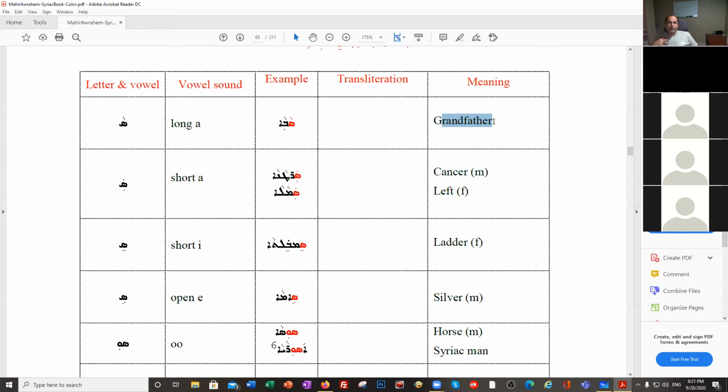When I put it with a first, second, or third person possessive. For example, sawi, my grandfather. So this is exactly where it means the grandfather. But sawa should be old man.